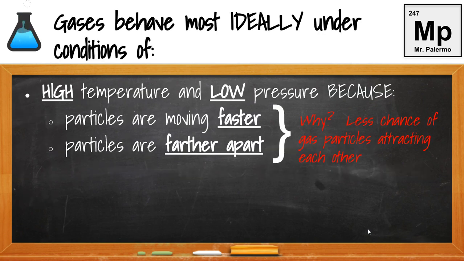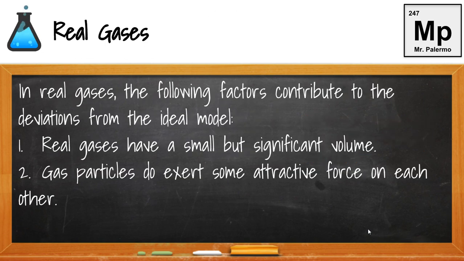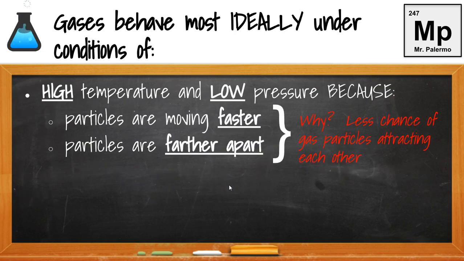So how do we get our real gas to behave most like an ideal gas? How do we get our real gas to have the least amount of volume of particles and the least attractive force on each other? If we put real gases in a condition of high temperature and low pressure, they're going to behave most like this ideal model. Here's why.